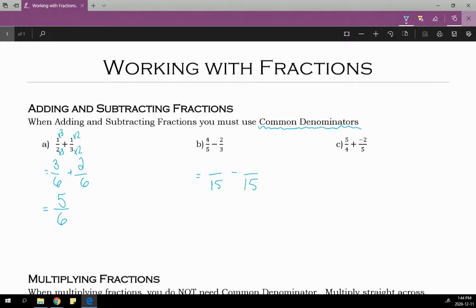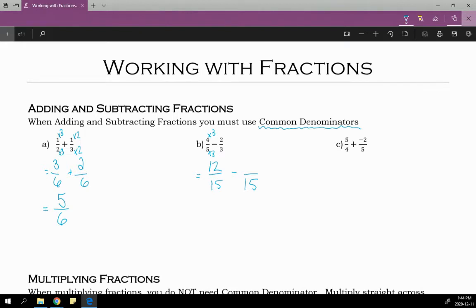Okay. Now, if I want to change my denominator of 5 into 15, I would have to multiply that by 3. So that means I'm also going to do that to my numerator. I'm going to multiply by 3. So 4 times 3 is 12. So 4 fifths is equivalent to 12 fifteenths. Same thing for my fraction of 2 over 3.